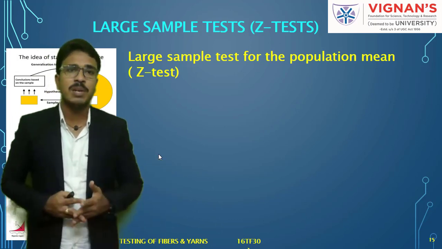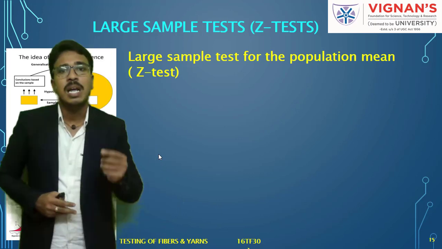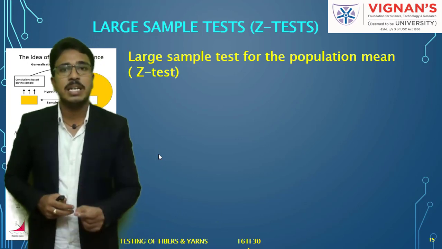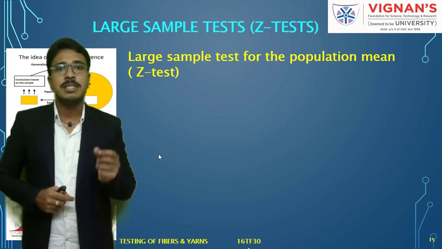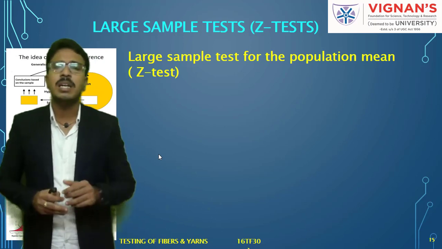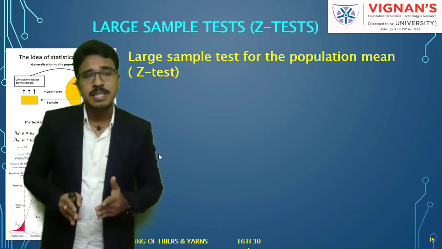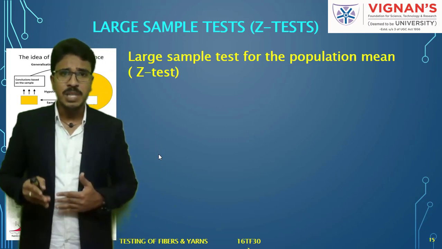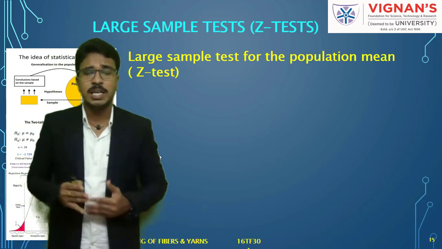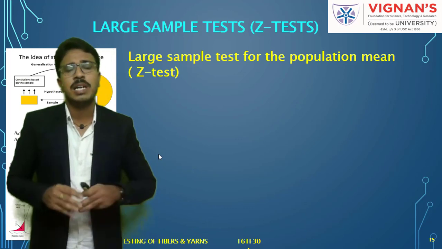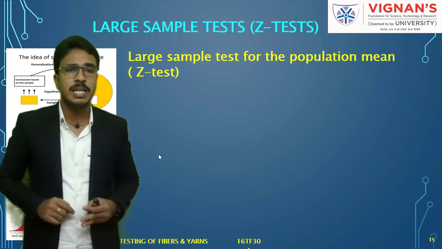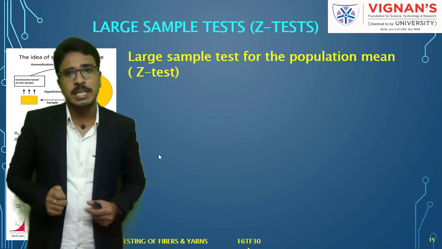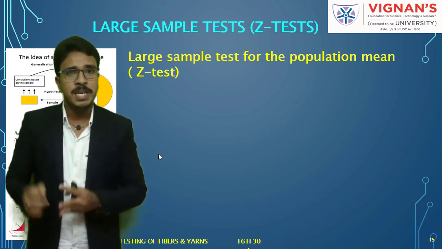Okay, so now we are going to discuss this large sample test, that is nothing but Z test. Even in Z test there are different criteria. The first criteria we are looking at is large sample test for the population mean.